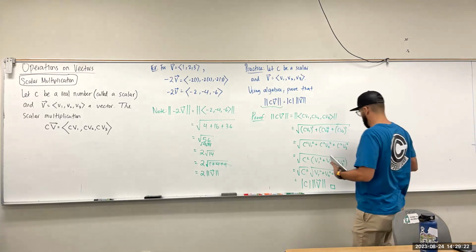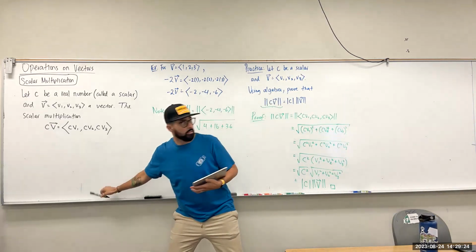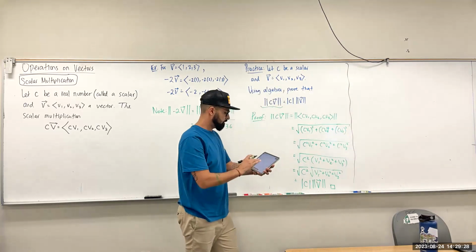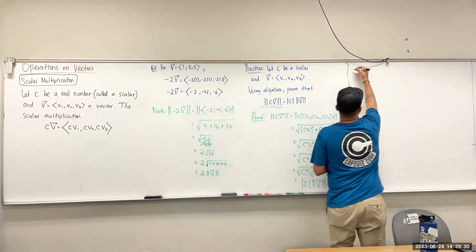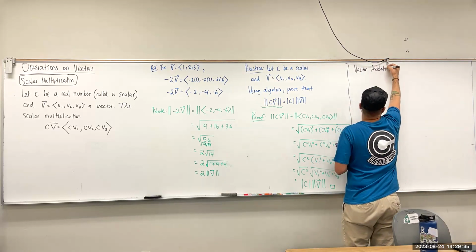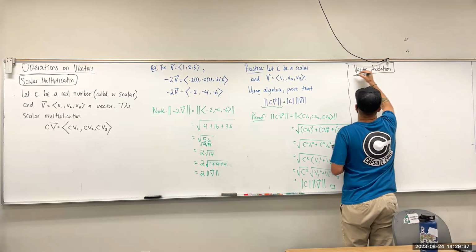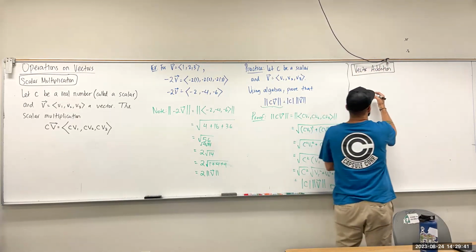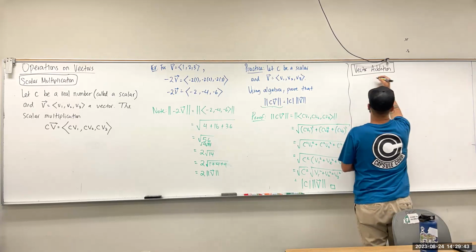So then the next one is what's called vector addition. You do that a lot when you take physics. Add vectors left and right. So vector addition. The definition isn't so complicated.